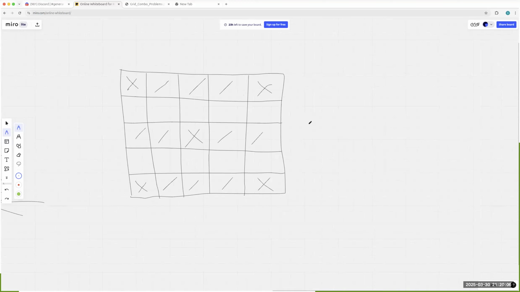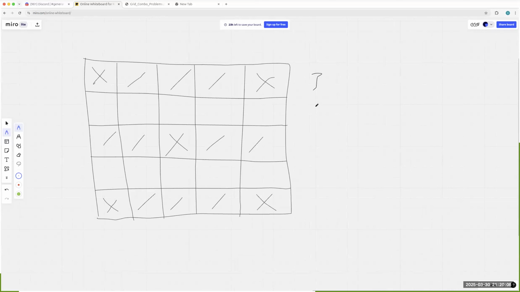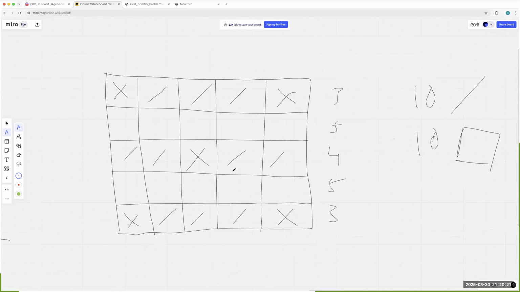So let's see, there's 3, 5, 4, 5, 3. It just happens that there are 10 of these and then 10 blank ones.